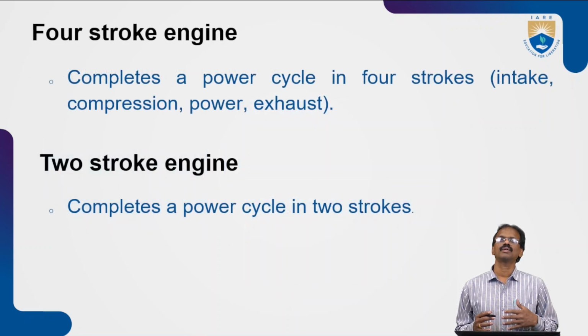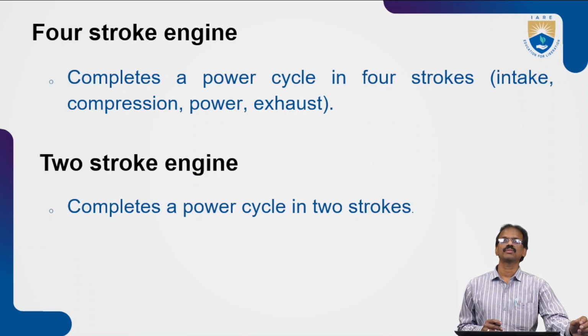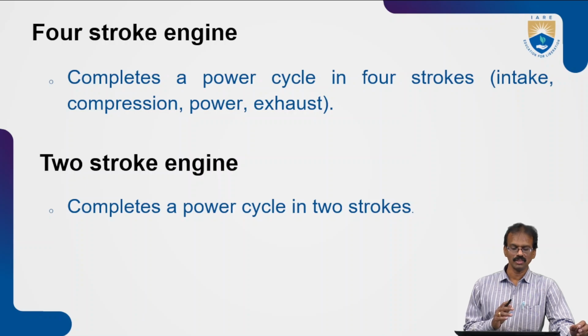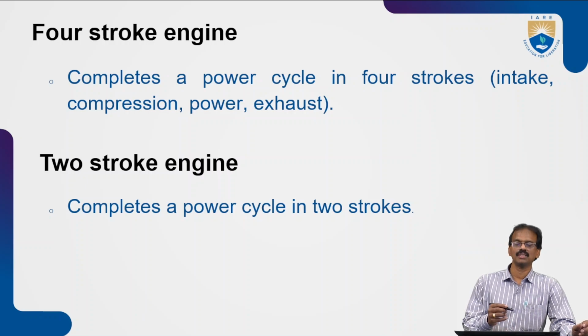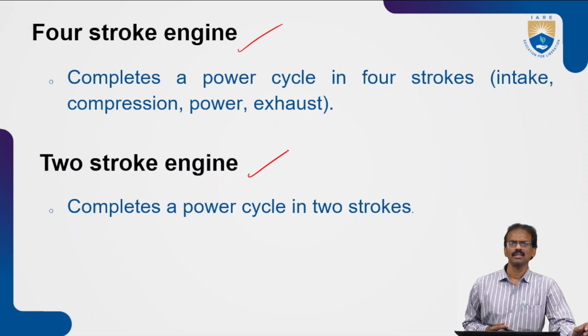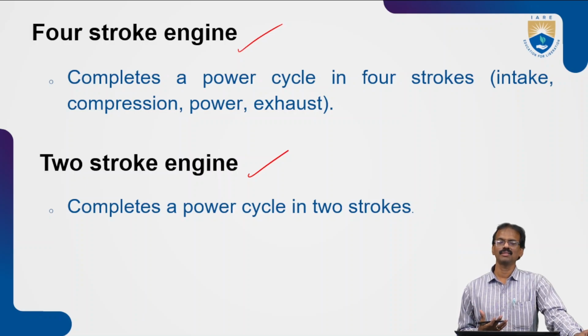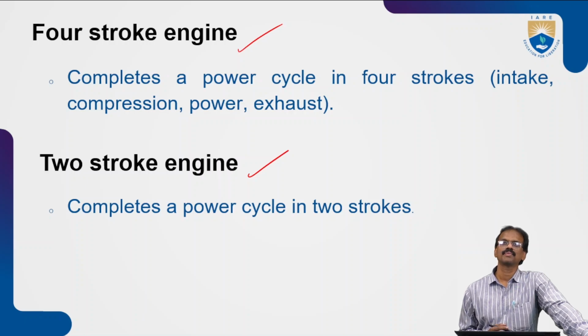In the last class we already discussed the different types of heat engines. Based upon the stroke, there are two types: the 4-stroke engine and the 2-stroke engine. Similarly, we classified the engines based upon fuel: petrol engine and diesel engine.